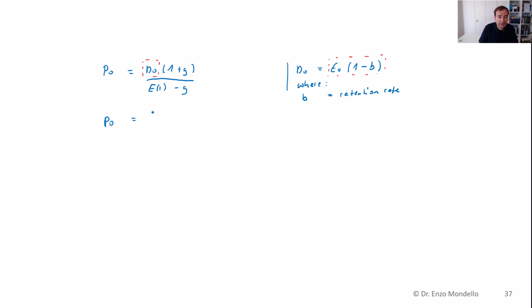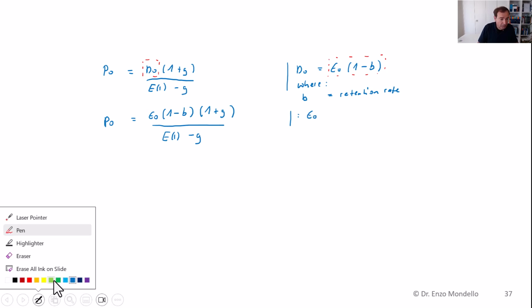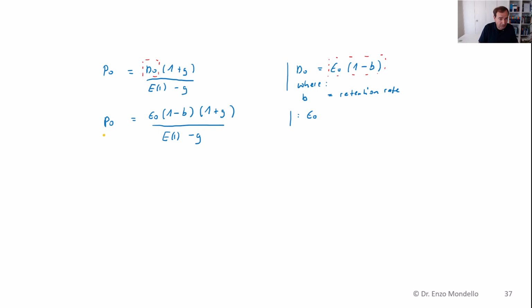So that's then the current EPS multiplied by 1 minus the earnings retention rate times 1 plus the growth rate divided by the expected return minus the growth rate. And now next we can divide both sides of the equal signs by the current earnings per share. In doing so, we will get then to the left of the equal signs the trailing PE ratio, and to the right of the equal signs the current EPS cancels out.